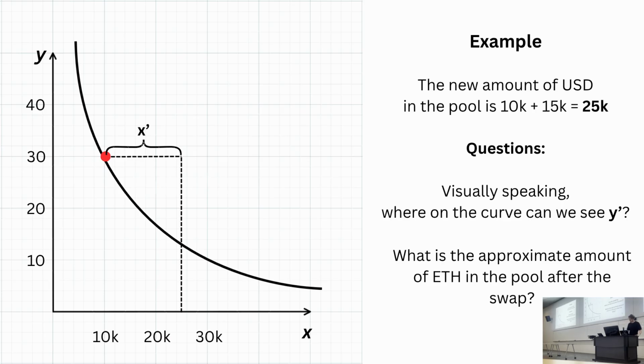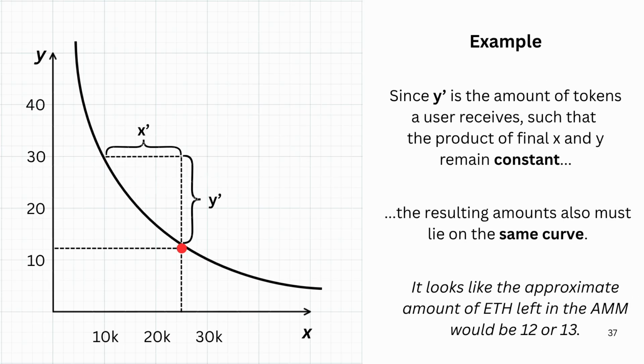Exactly, that's exactly right. Given that the amount of tokens in the pool should always lie on this curve, we know that the new Y is going to lie around 12 there, where this red dot is. So the difference in Y, if the initial Y is 30 and the final one is at around 12, is going to be Y prime. Exactly, this is how you might think about it.